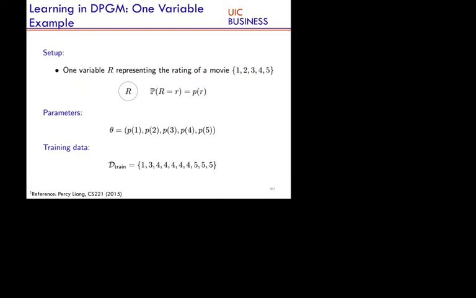To represent this probability, there is just one factor, and the factor has parameters which I'm representing as theta, which are just going to be p1, p2, p3, p4, p5. That is, the probability that r is equal to 1, the probability that r is equal to 2, the probability that r is equal to 3, and so on.